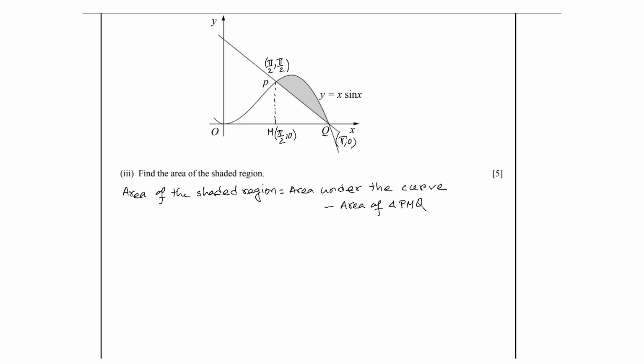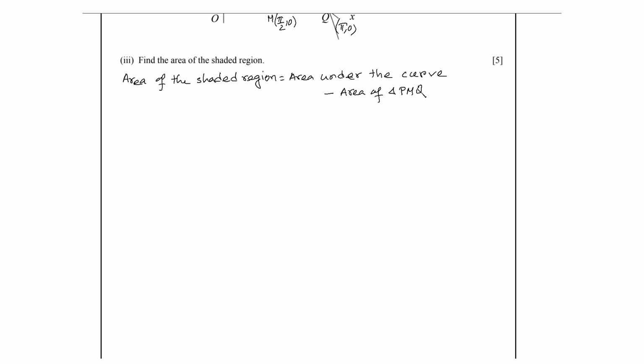Now let's try to find the area under the curve from x equals pi by 2 to x equals pi. Let's call this area A1.